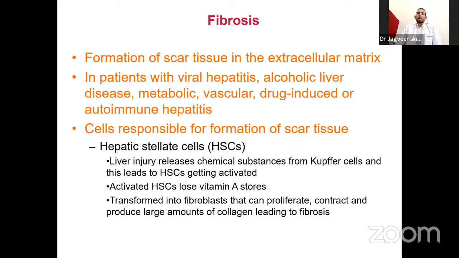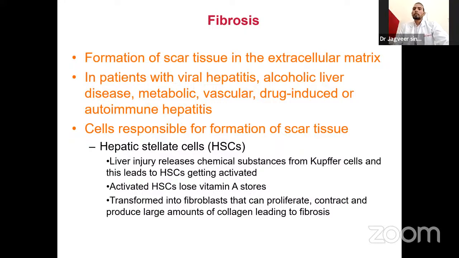We discussed fibrosis. Formation of scar tissue in the extracellular matrix is called fibrosis. In patients with viral hepatitis, alcoholic liver disease, metabolic, vascular, and drug-induced disease, any of the diseases we have discussed can cause fibrosis.